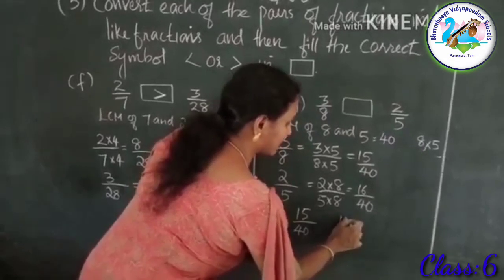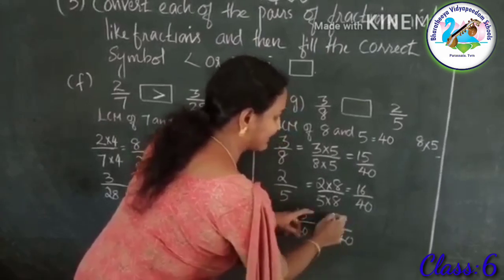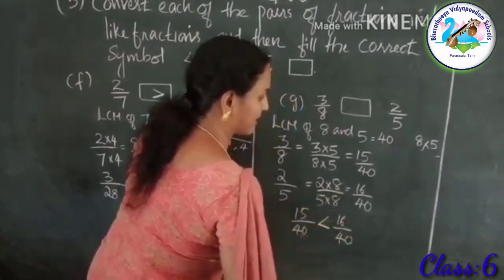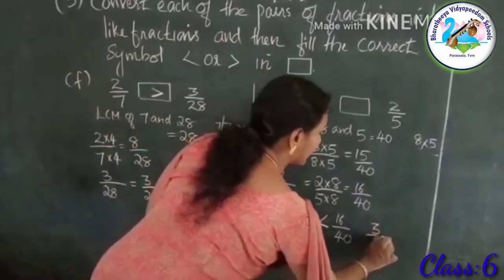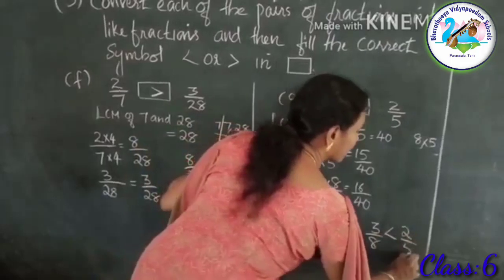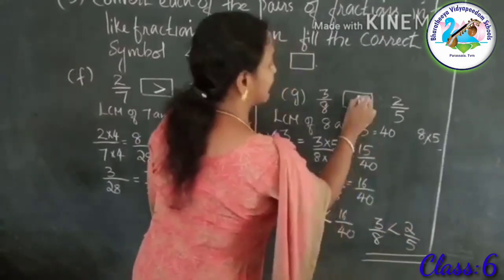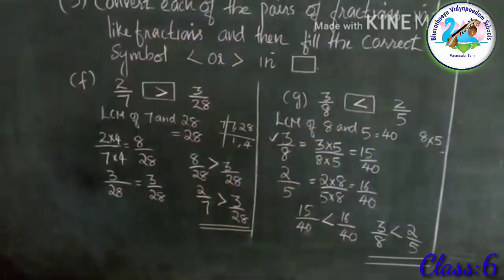Here the numerator 16 is greater. So 15 by 40 is less than 16 by 40. 15 by 40 is same as 3 by 8. So 3 by 8 is less than 2 by 5.